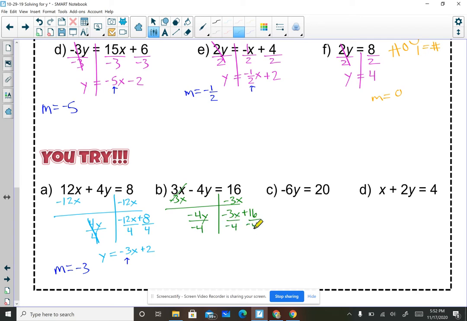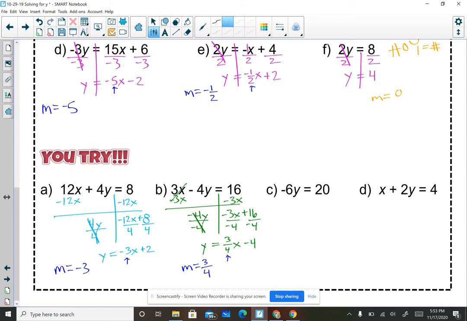So divide it off there, and we're going to go ahead and cancel. Y equals negative 3 divided by negative 4 is positive 3/4 x. 16 divided by negative 4 is negative 4. Once again, use that calculator to do that division if need be. So what's our slope here? 3/4. So the number multiplied to your x.